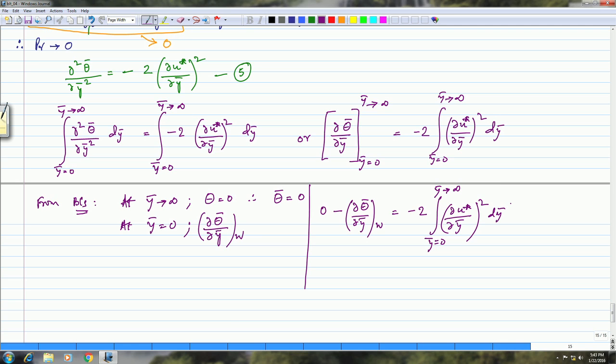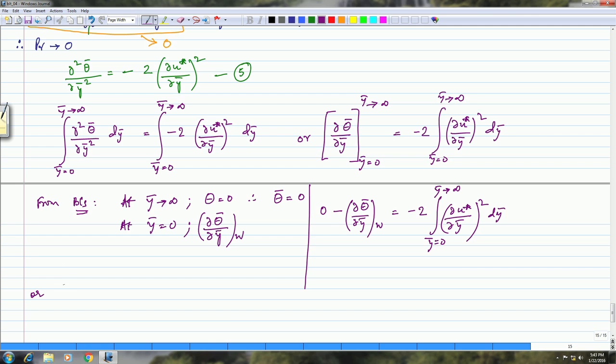So finally, from equation 5, the negative signs cancel out.